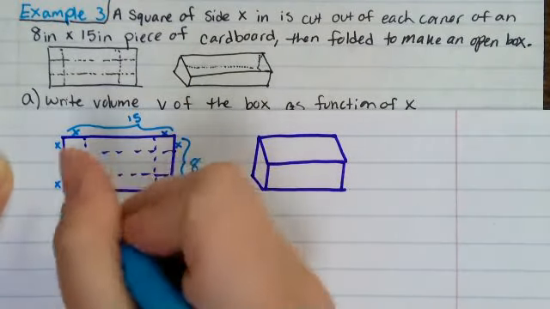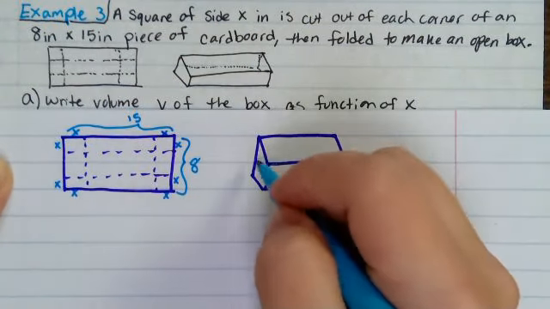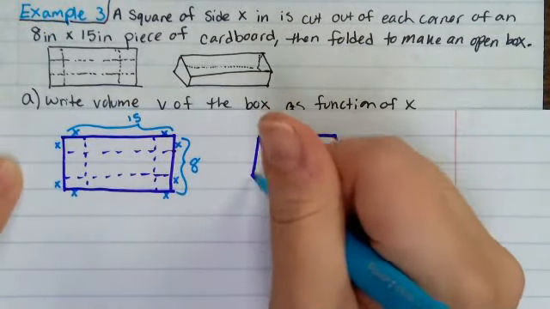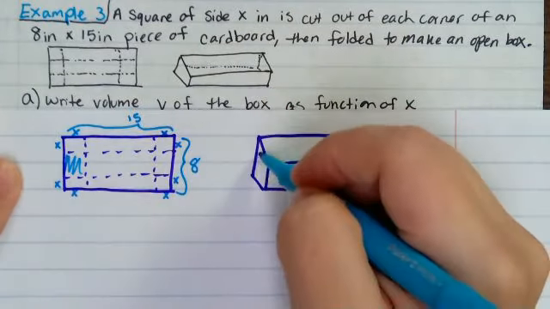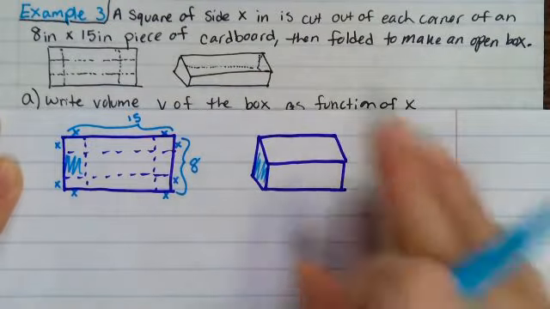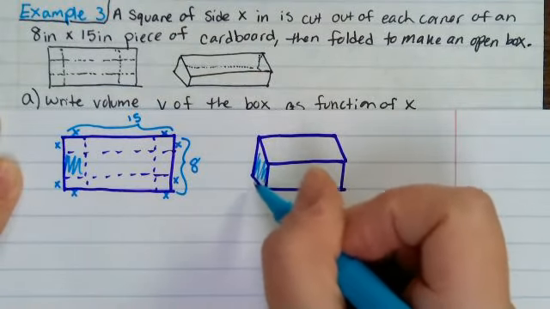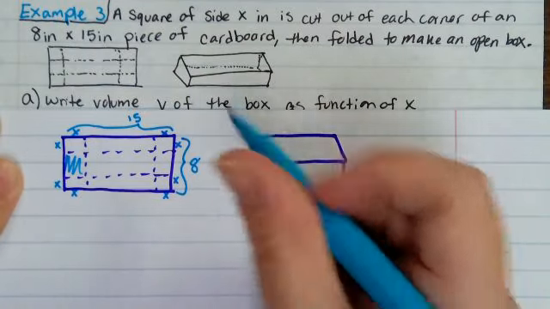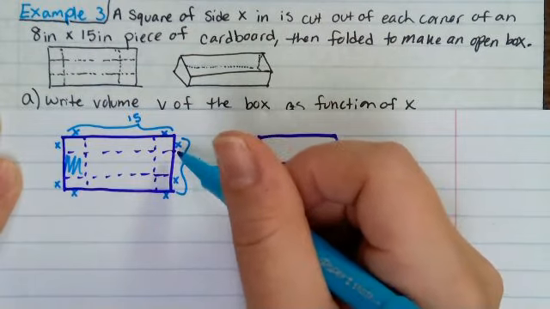So when I cut those pieces out and I fold these pieces up, that ends up being the side of my box, right? This piece right here is this piece right there. Okay, so when I'm talking about the dimensions of my box, this is not saying that this is 8 inches wide right there, right? Because we cut off these little pieces that are x inches long.